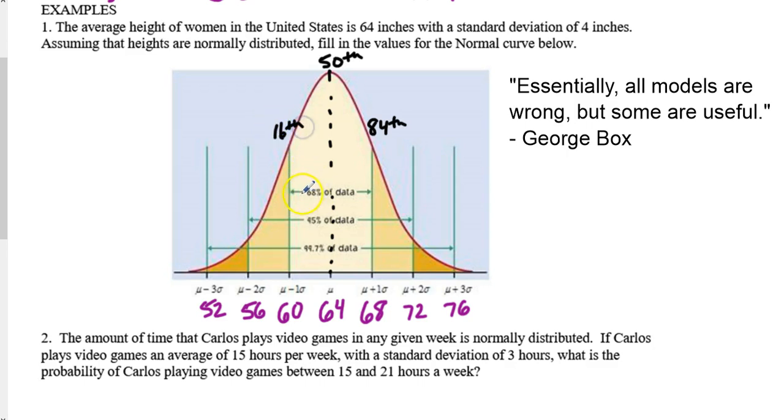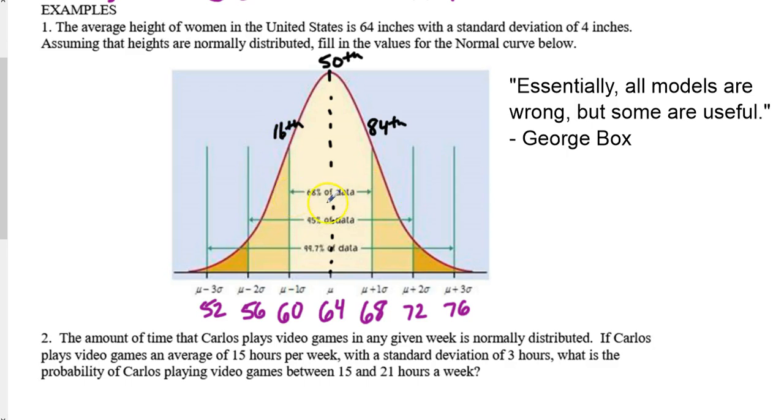Okay, so I'm just using that 68, split it in half to get 34. 34 on this side, 34 on this side. And that means that if I'm 1 standard deviation below the mean, if I'm a height of 60, I'm like 16th percentile. That means only 16% of the women are shorter than a person that is 60 inches.